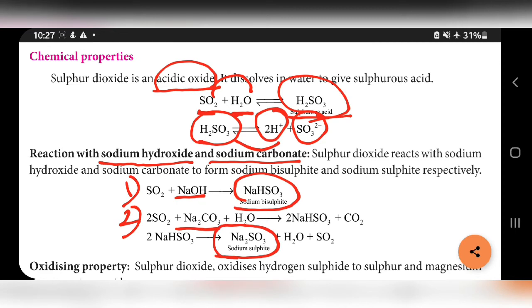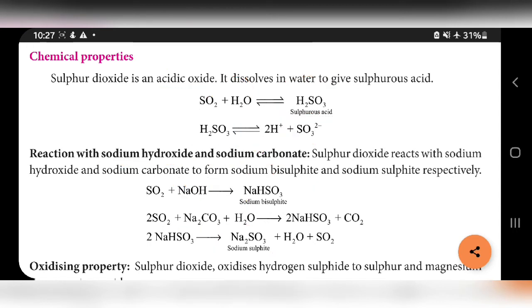Sulfur dioxide reacts with sodium hydroxide to produce NaHSO3, that is sodium bisulfite. In the second reaction, sulfur dioxide reacts with sodium carbonate, first converting into sodium bisulfite. That sodium bisulfite then dissociates into sodium sulfite, water and sulfur dioxide.